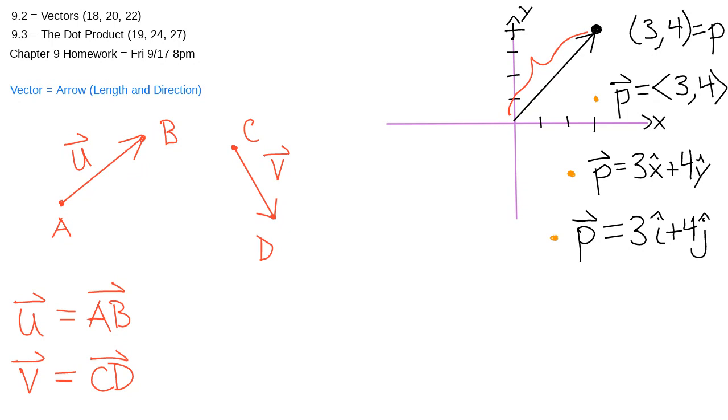No questions? Let me separate this. What if I wanted to add vectors? The vector v plus the vector u.